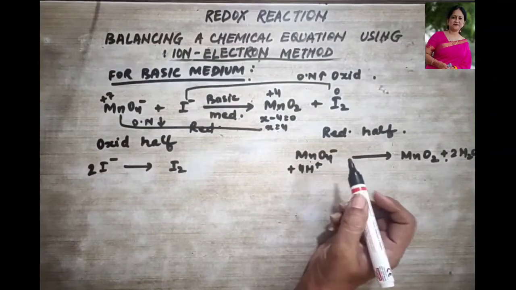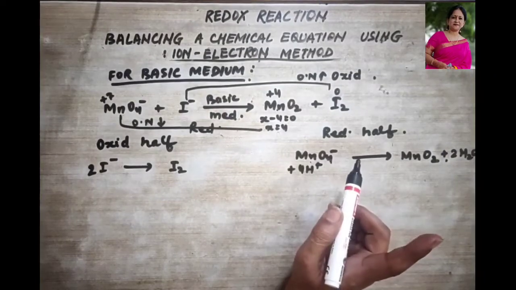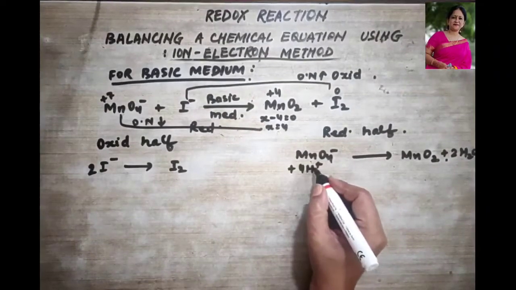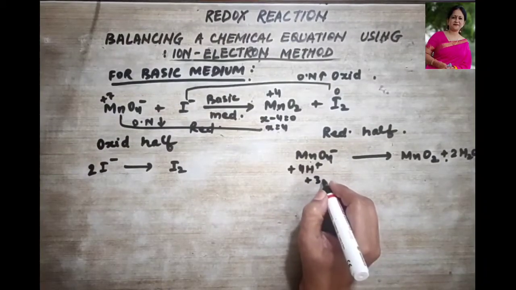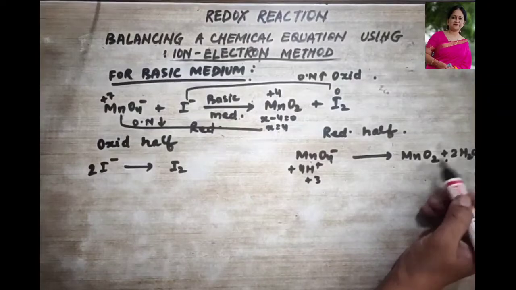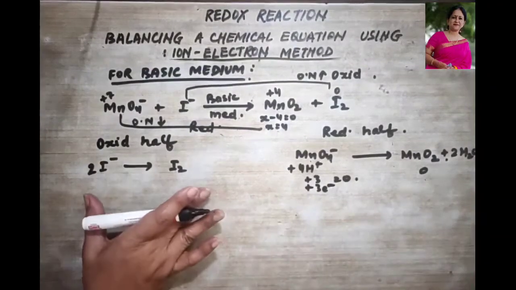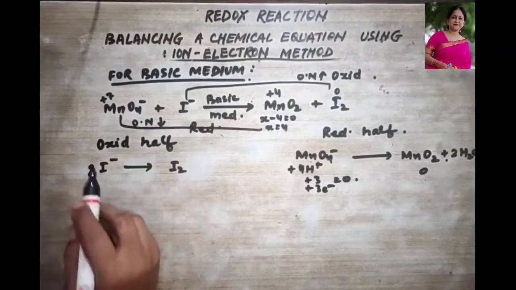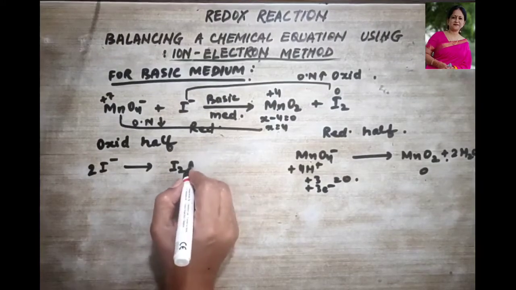Now we have to balance the charges. Here plus 4 minus 1 makes it plus 3 charge. Here there is no charge. It is 0. Now let us look at the charge over here. Here there are 2 charges. Here there is no charge. So what will we do over here?